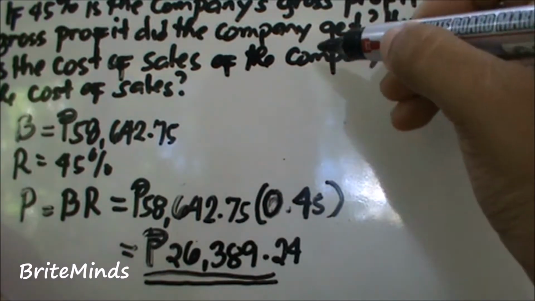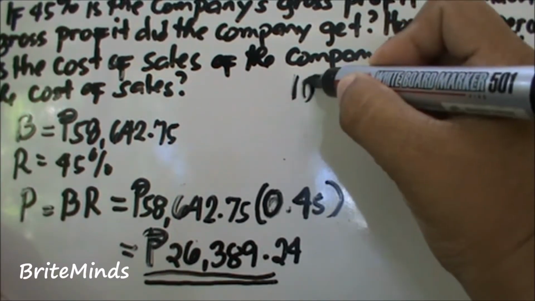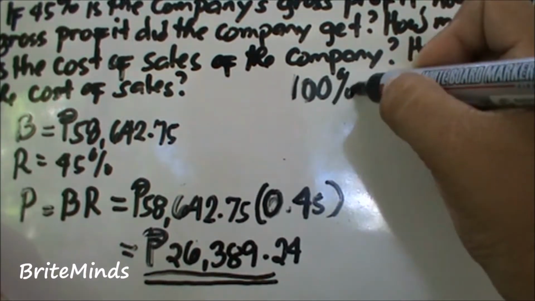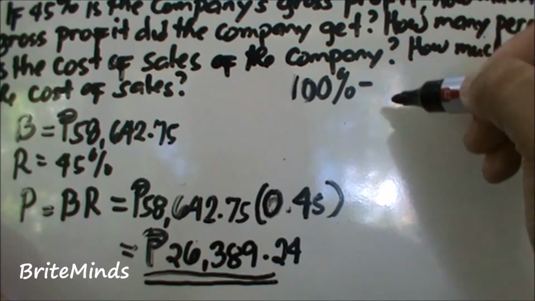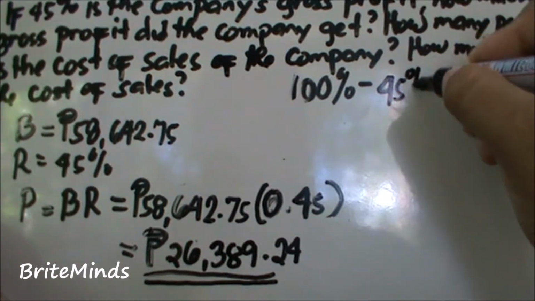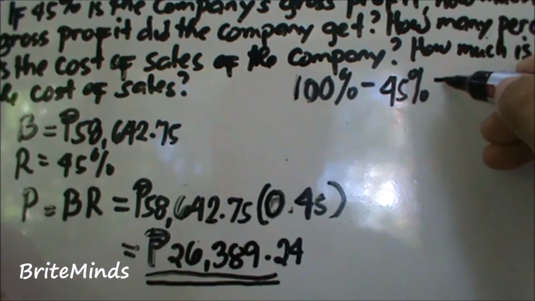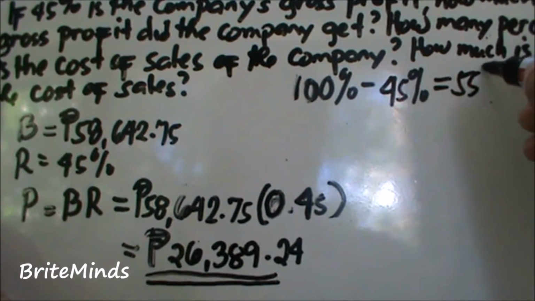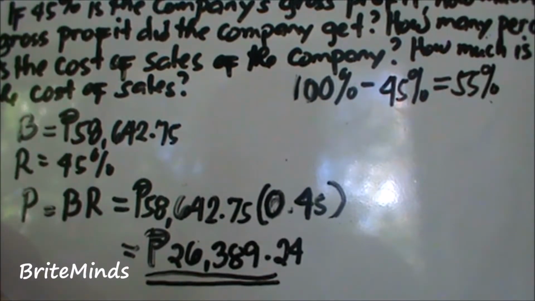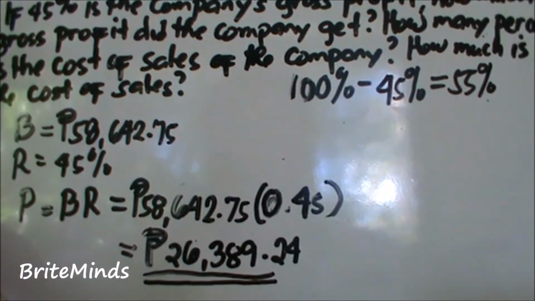So we use 100%, this is 100%, less 45% of the gross profit. So the remaining will be 55%. So the 55% represents the percent cost of sales of the company.